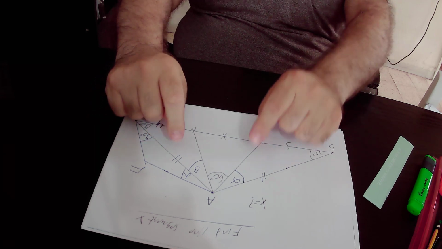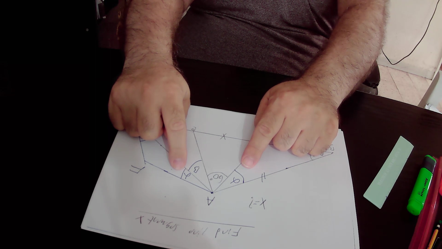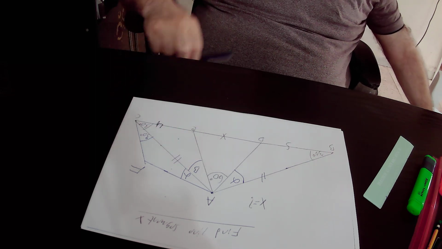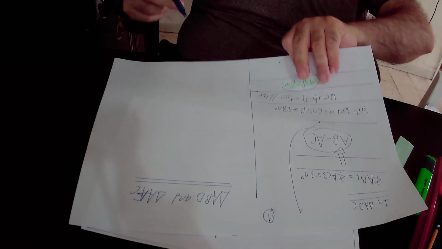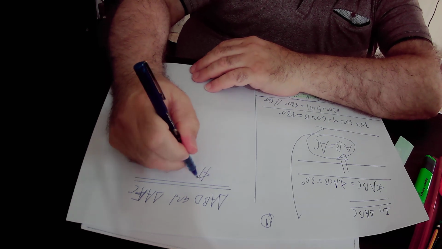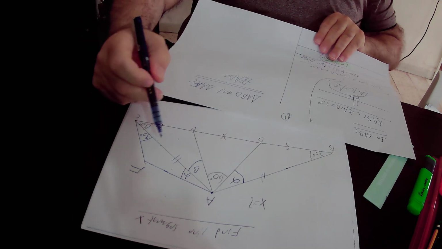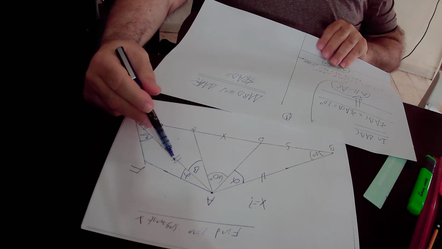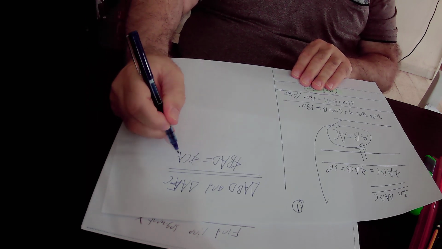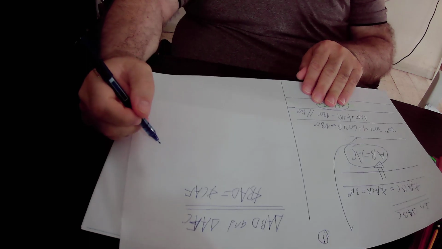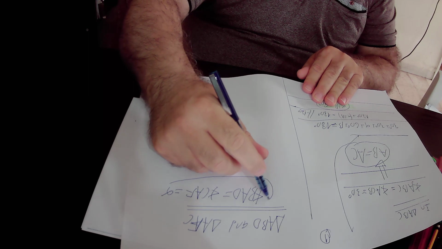First of all, those two angles are both equal to alpha, therefore they are equal to each other. So we can write down that angle BAD equals this angle, which is actually angle CAF, and they're both equal to alpha, therefore they are equal to each other.